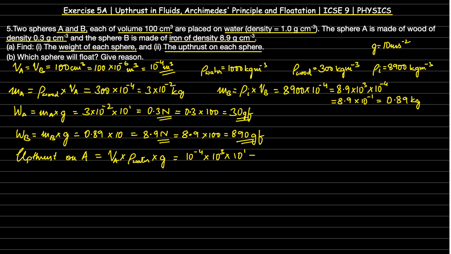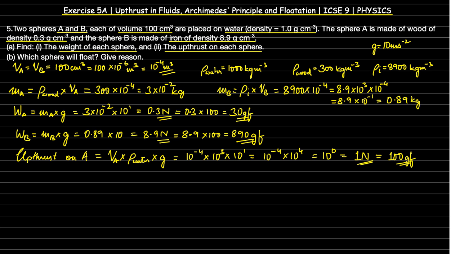So we get it as 10 to the power of minus 4 into 10 to the power of 3 plus 1 is plus 4. So we get this as 10 to the power of 0. So 10 to the power of 0 is nothing but 1. Any number to the power of 0 is 1. So we get 1 Newton. And when we convert this to gram force, we multiply by 100. So 1 Newton is our answer in SI unit, and in gram force it's going to be into 100. So that would give us 100 gram force.